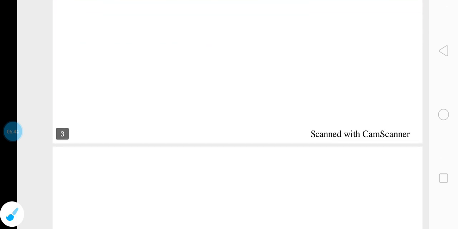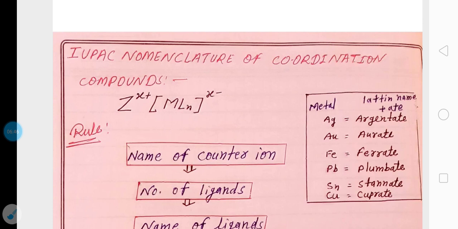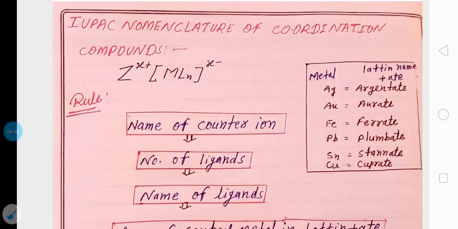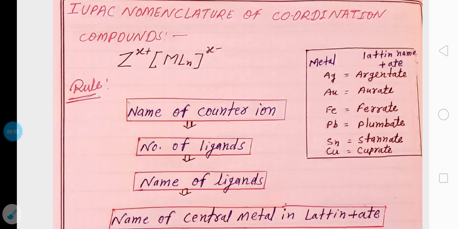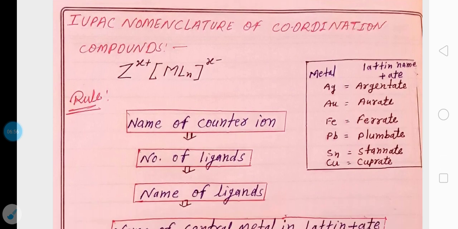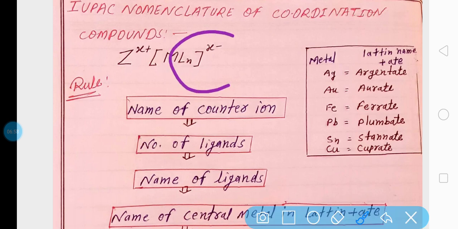After positive coordination sphere and neutral coordination sphere, let's move to negative coordination sphere. So if our coordination sphere bears negative charge, then our counter ion will be written in left, na? And that will bear positive charge. Clear?